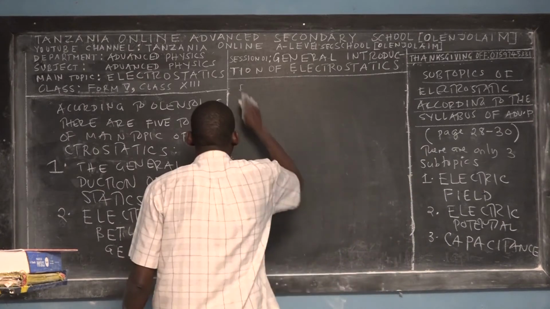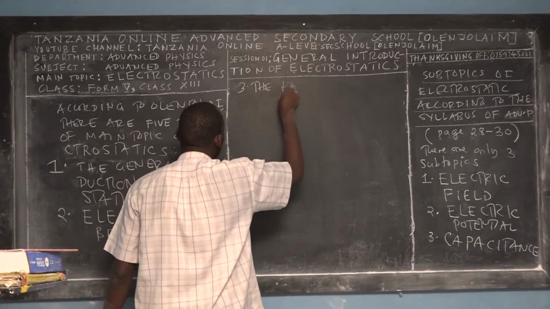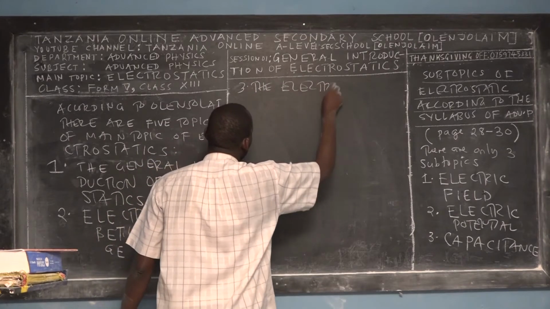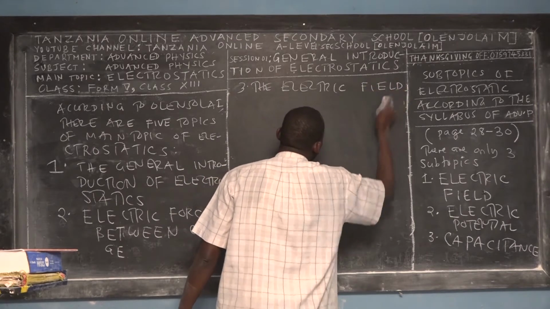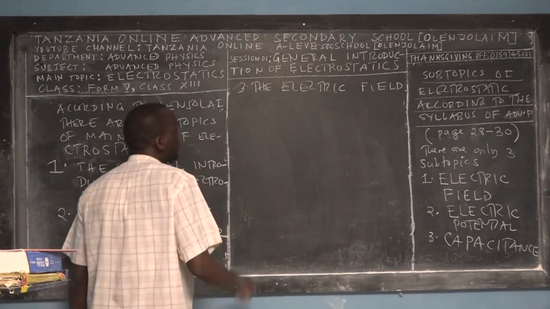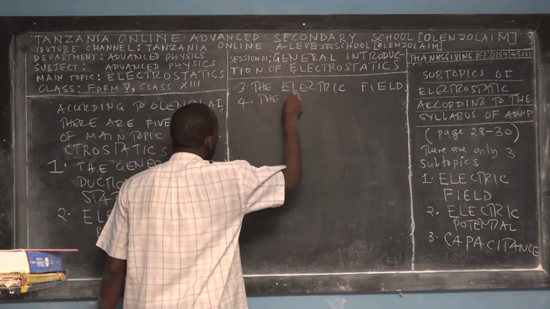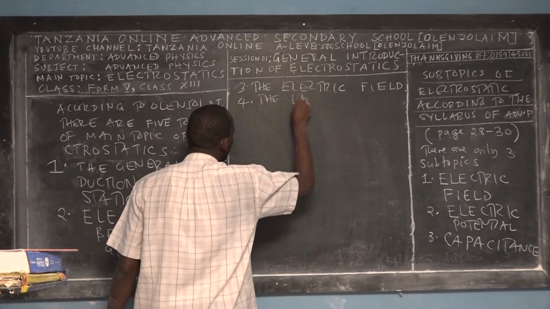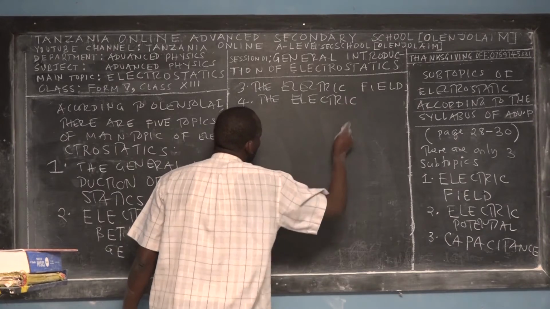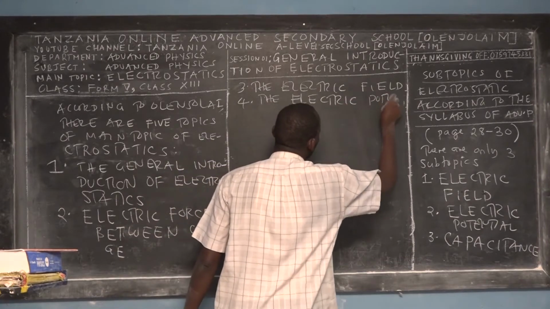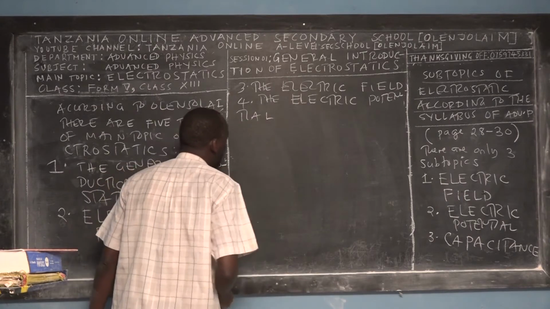Okay. Then I will take you to the third topic, which I'll teach about the electric field. This is called the electric field, but we call it electric field strength. Okay? And then the next one, we are going to teach about the electric potential. Okay?